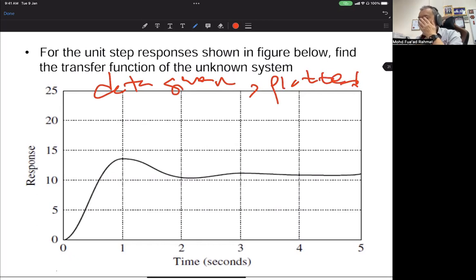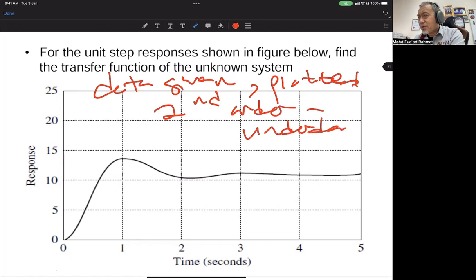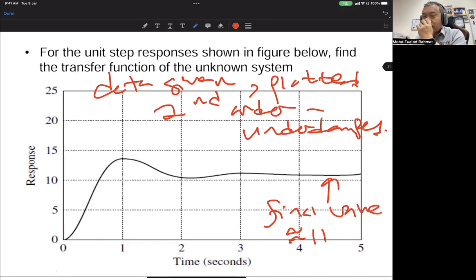By looking at this, we know that this is a second order system. So we find the final value first. The final value is about maybe 11, approximately. And then find the settling time or peak time.